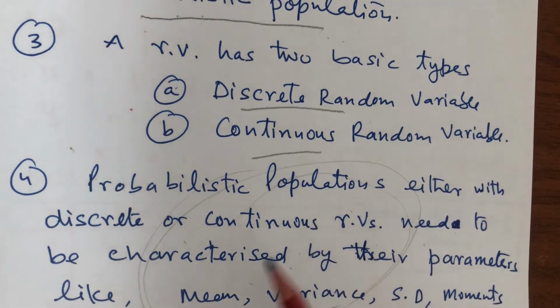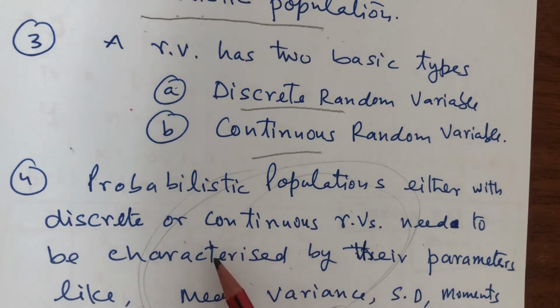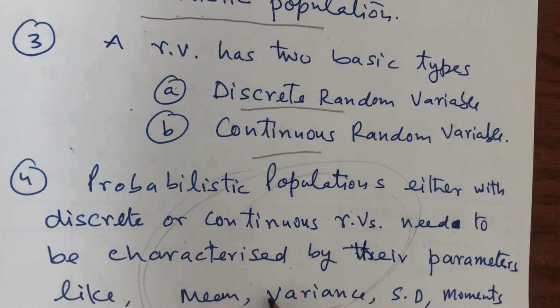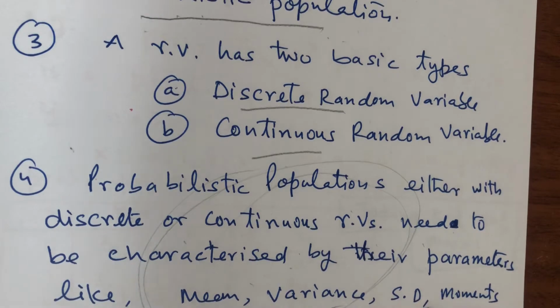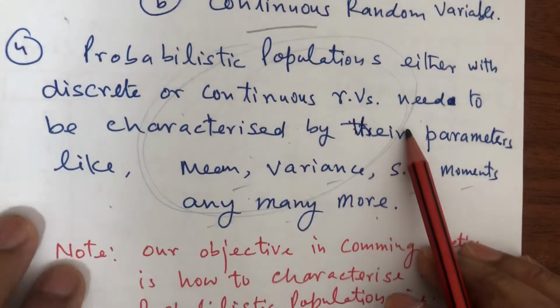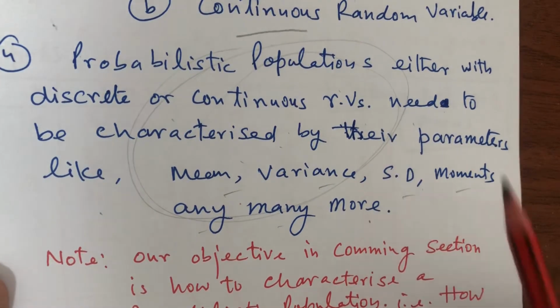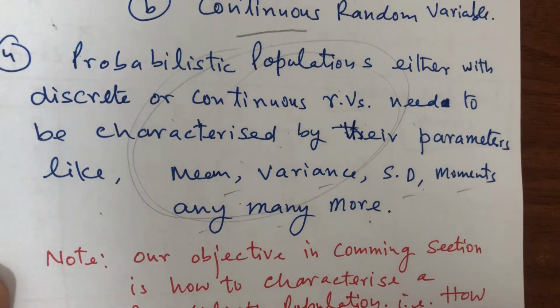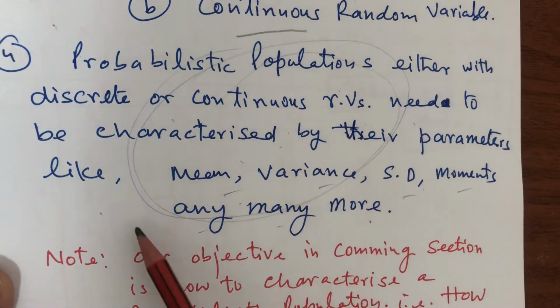And when it becomes a random variable, every observation has its corresponding point probability, and then it leaves the nature of a simple population. It comes under a specific nature. Now the probabilistic populations have a specific characteristic because of the probable involvement of the probabilities for point values.